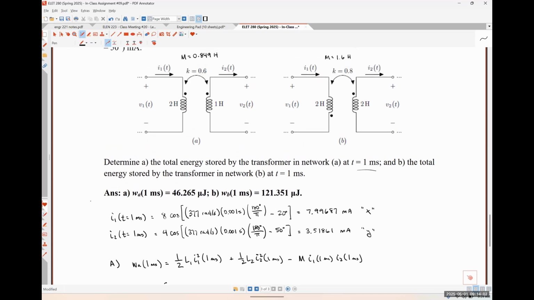So I'm just going to throw this into my calculator real quick. So 0.5 times L1, which is 2 henries, times I1 squared, so that's just x squared, plus 1/2 times L2, which is 1 henry, times I2 squared, which is y, minus my M of 0.849 times x times y.